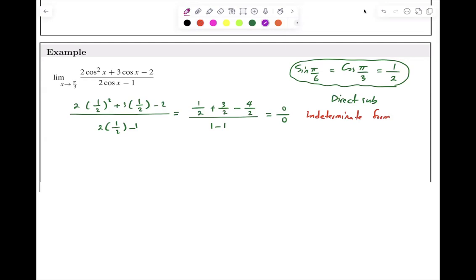But before simplifying, your numerator is 2 cosine squared of x plus 3 cosine of x minus 2. This is very similar to a quadratic expression: 2a squared plus 3a minus 2, which can be written as 2 times a minus 1 multiplied by a plus 2.